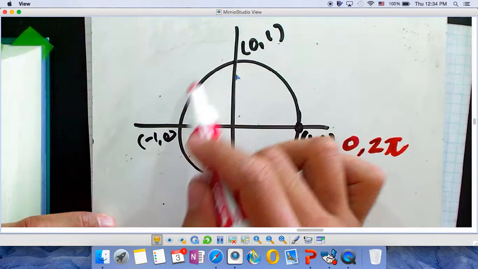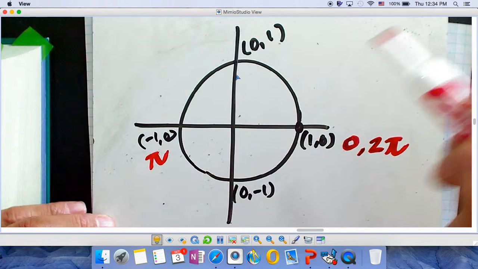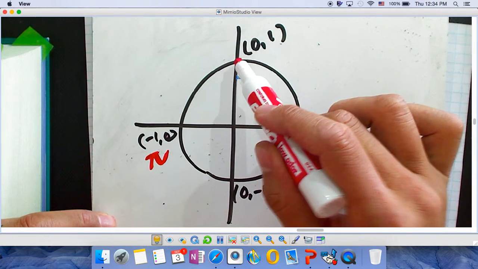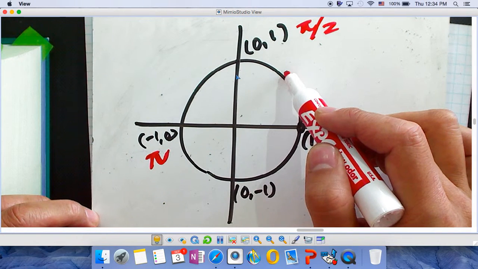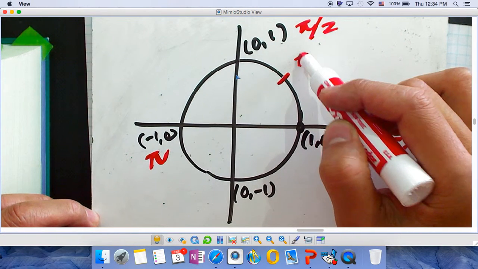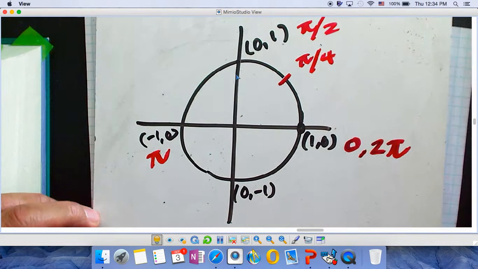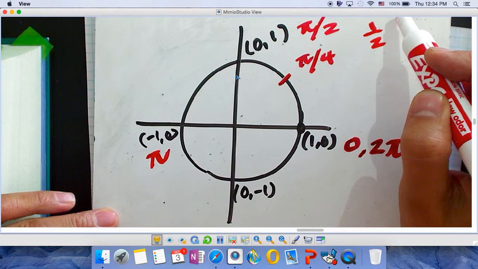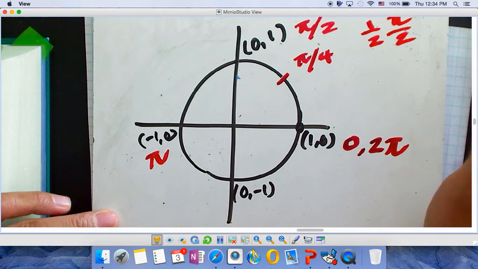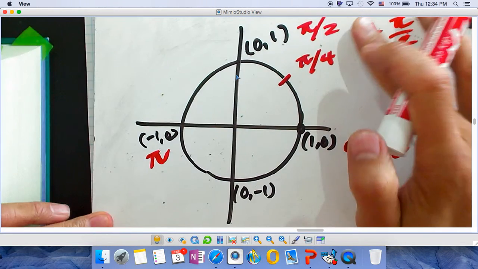If you go half of that, it's 1 pi. And if you go half of that, it's pi halves. And if you go half of that, which is right here, it's pi fourths, because it's half of pi halves. So that's pi over 4.